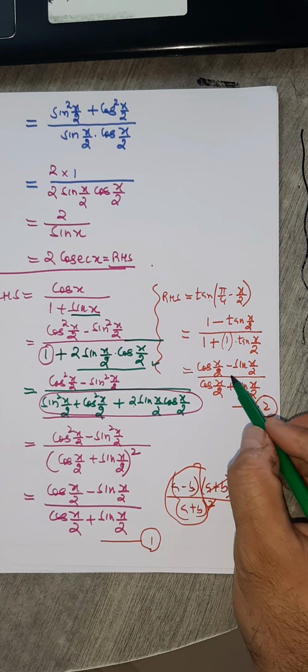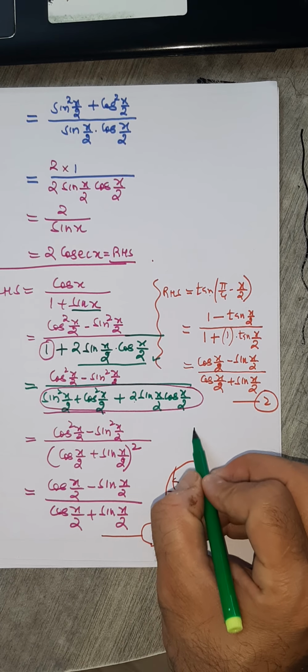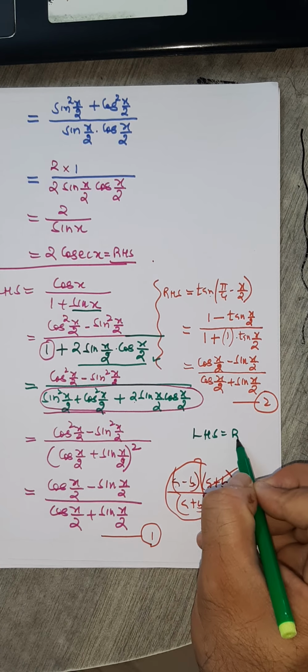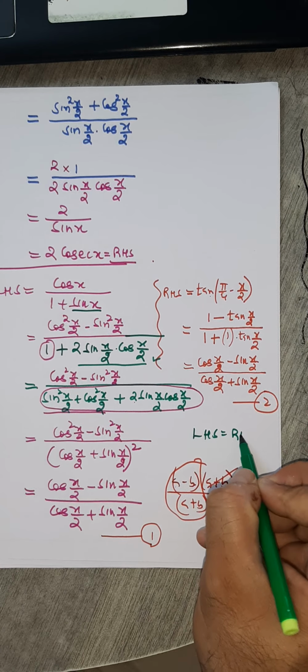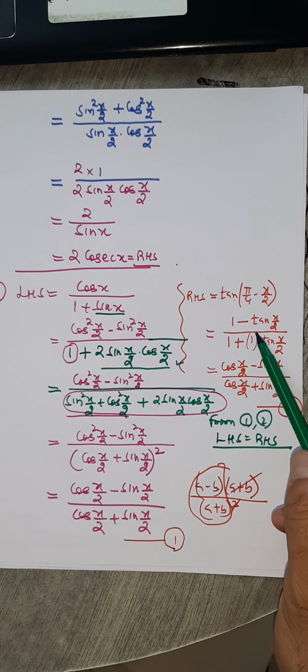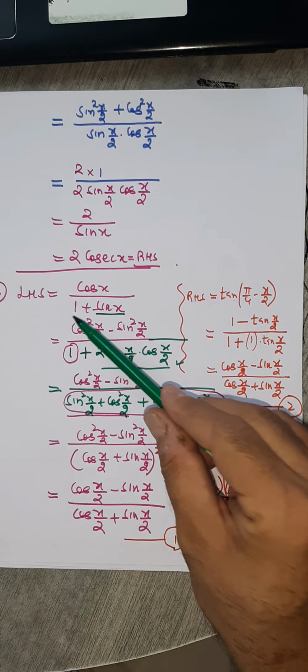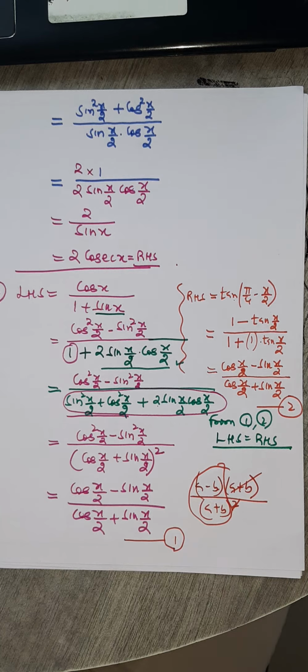This is 1, this is 2. So what's the conclusion from 1 and 2? LHS equals RHS. This is one way of doing this question. Or you can do it directly, write this, then write this, and you'll get LHS to RHS. Nice question.